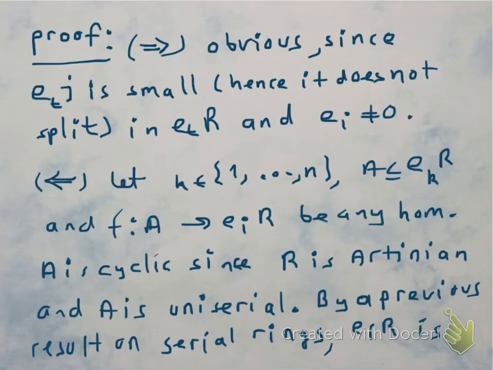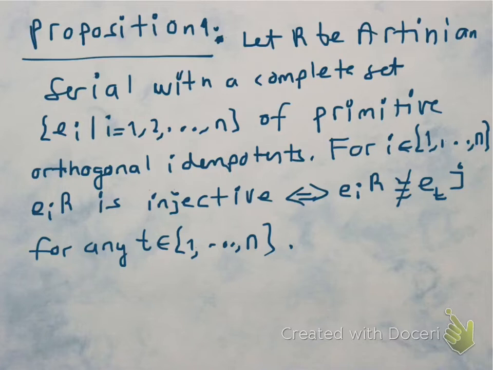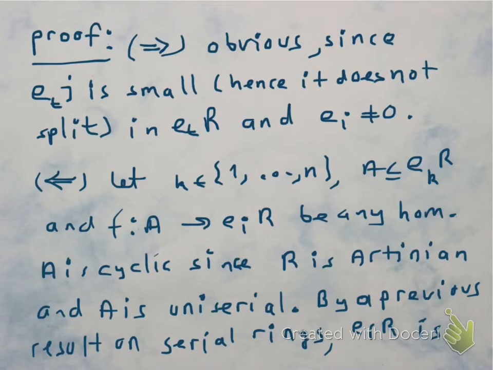In the other direction, let's assume that our principal indecomposable e_i R is not isomorphic to the Jacobson radical of any of the principal indecomposables in a given decomposition of the ring. And here's what we're going to do.